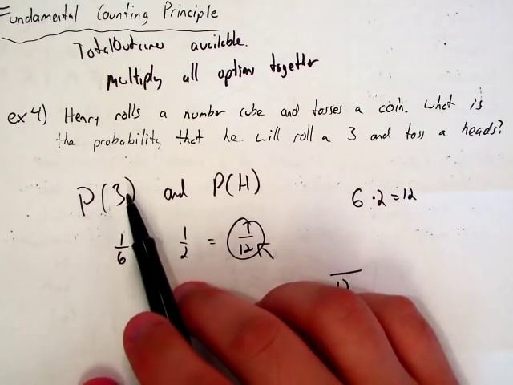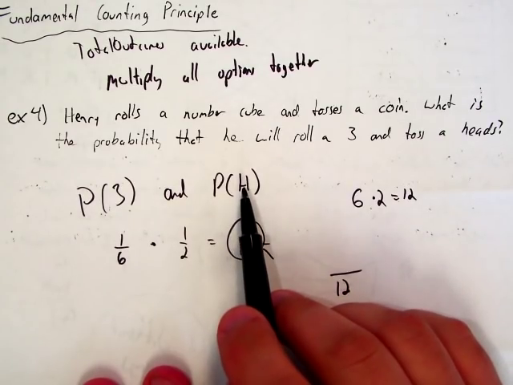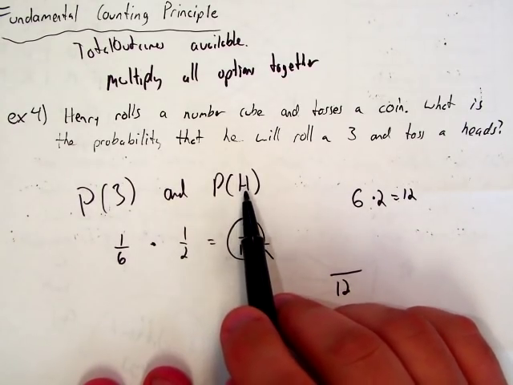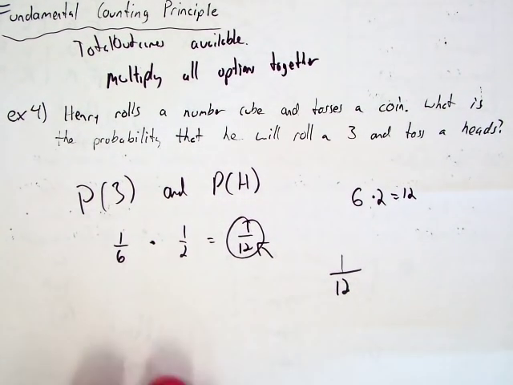And because there's only 1 three on a number cube and 1 heads on a coin, 1 times 1 would give you 1. And that's another way that we can use the fundamental counting principle to find the probability of a compound event. All right, if anybody has any questions, please let me know. Otherwise, this is the end of Lesson 8.